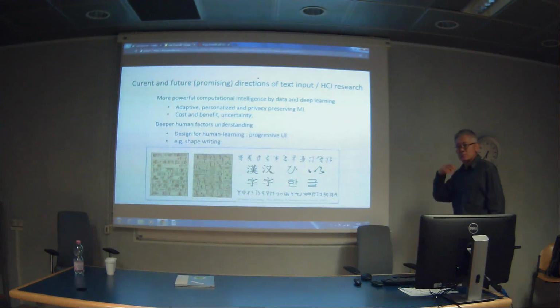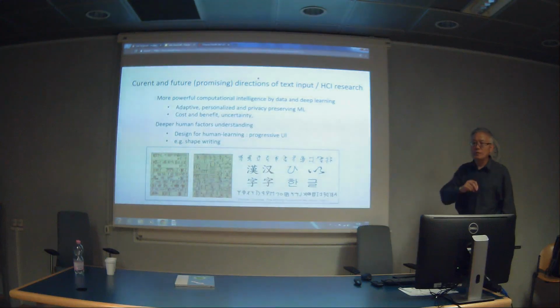But on the other hand, there's both cost and benefit, particularly the uncertainty. It's not always guaranteed that the machine prediction will match what you need. That uncertainty, that unreliability itself, is a huge cost.